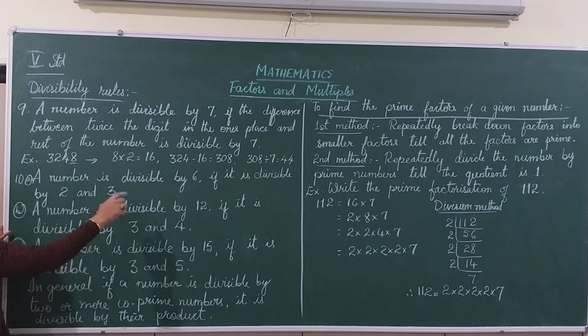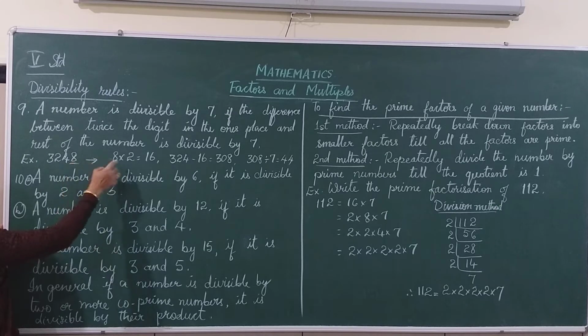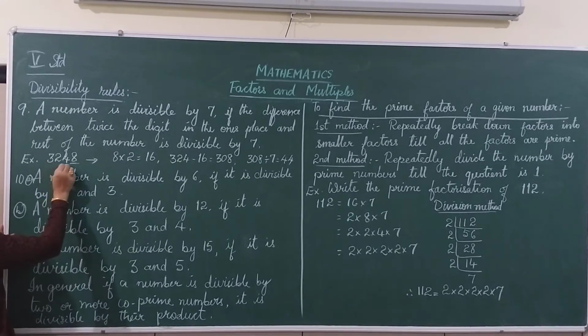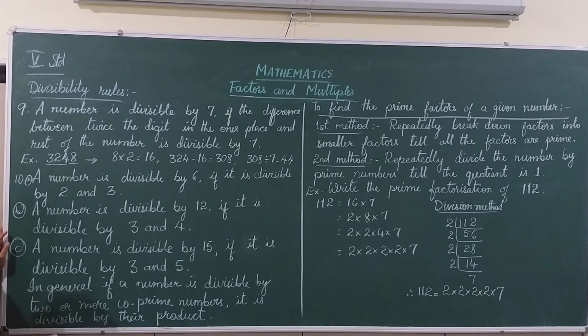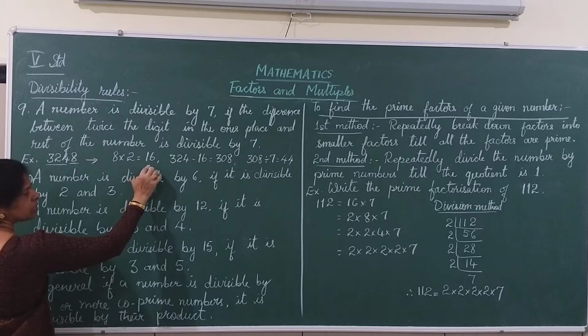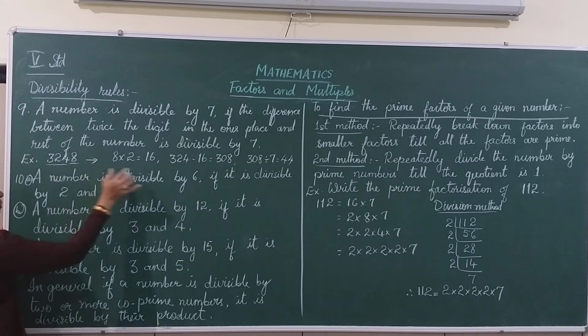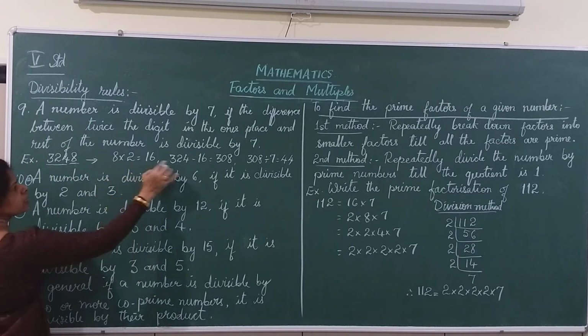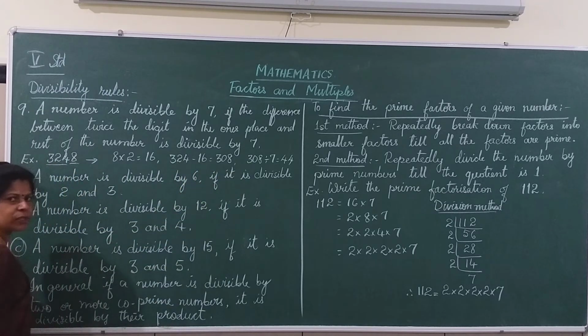What do you have to do now? The total is 4 digits. This double I have already taken. So this 324 minus 16, you will get 308.